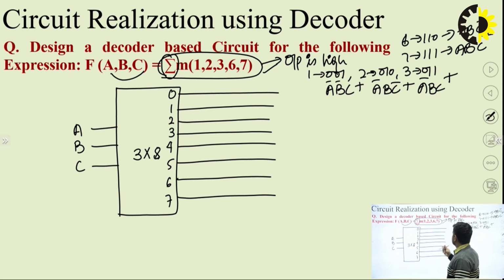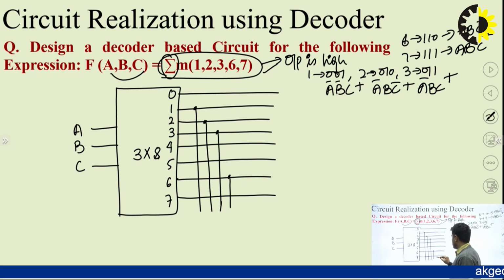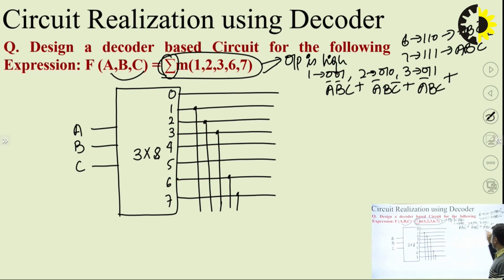And needless to say that these 1, 2, 3, 6, 7, this is 1, this is 2, this is 3, this is 6 and this is 7. So these 5 minterms correspond to these 5 products which are already available at the decoder's output.